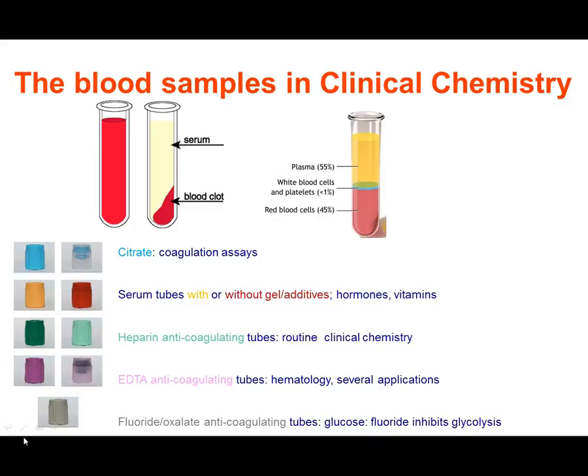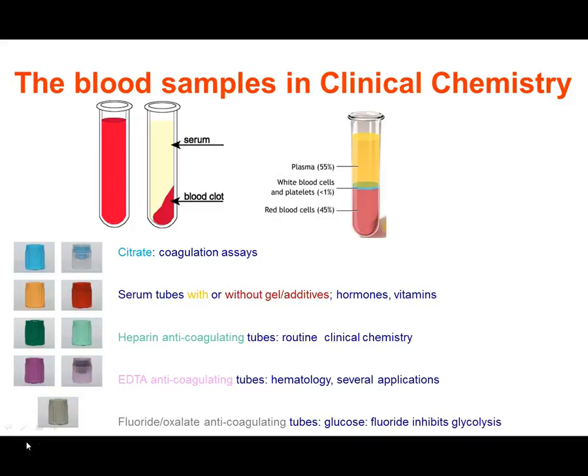For example, citrate, which binds calcium, but not in a very strict manner, and that means that after adding the calcium to the tube or to the analytical method in a coagulation assay, it is possible to measure coagulation activity which occurs in vivo in a patient.